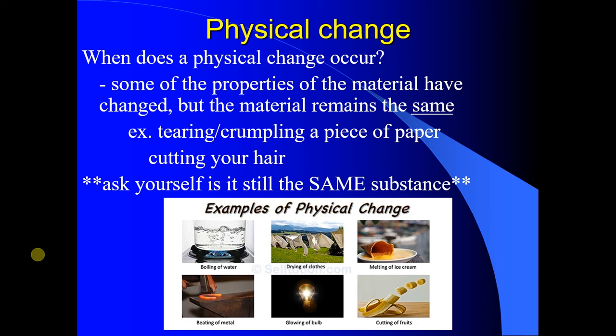The substances aren't changing into different things, but some of their properties are changing. All right, their state of matter, how wet they are, their size, their shape. So physical changes change the physical properties of a substance without changing what the substance is.